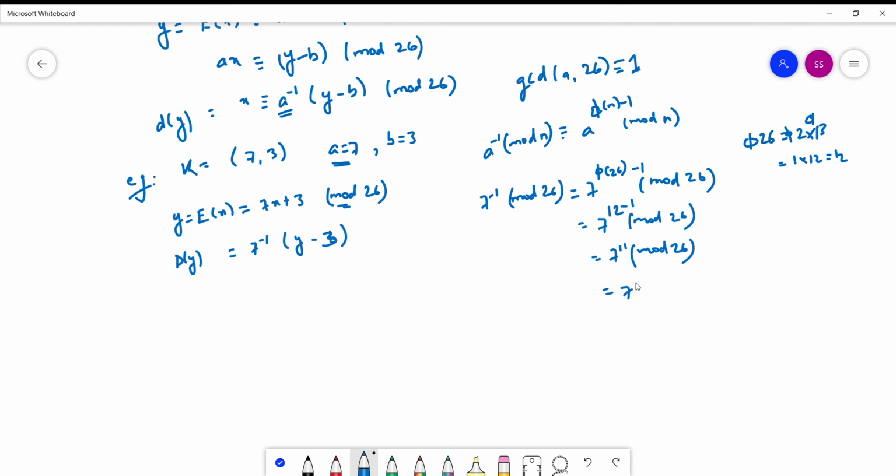You can write it as 7 squared to the power 5 into 7 mod 26. I am not explaining in much detail because I have already explained this example in the previous video. So you can always go back to that video and see how I have solved this.